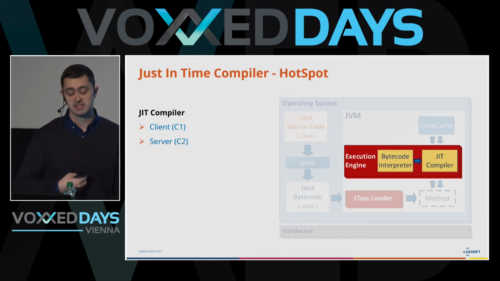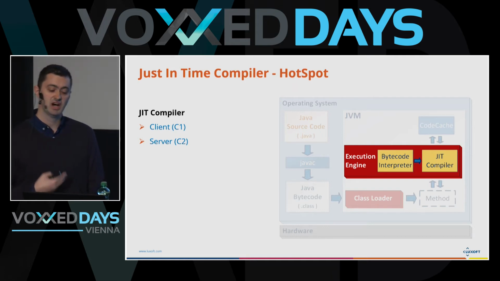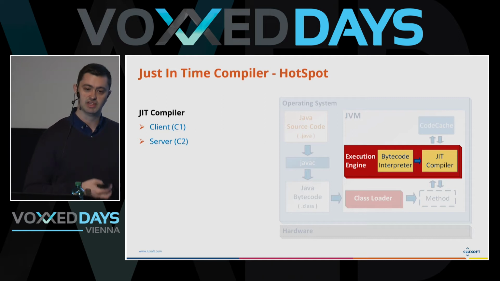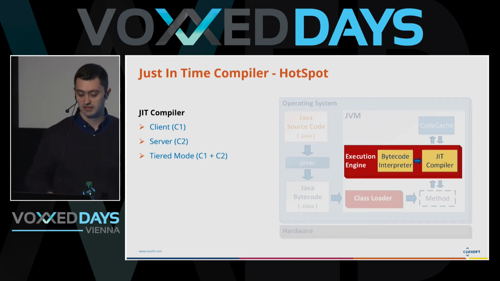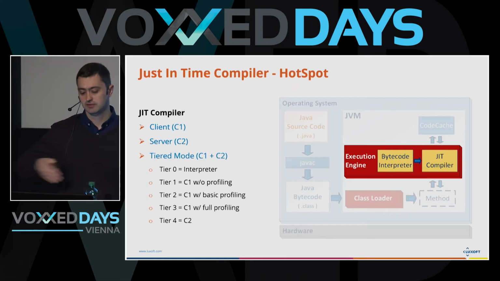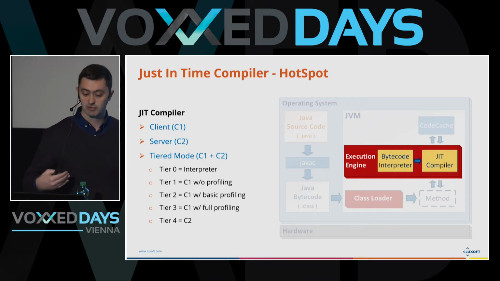The second one is the server compiler, C2, which does better optimizations than C1, but it needs a higher threshold, around 10k iterations, to trigger and compile the code. We also have a tiered mode, which is a mixture of C1 plus C2, and it has a lot of tiers. It starts in the interpreter, goes to C1 without profiling, with basic profiling, with full profiling, and it reaches the second one.